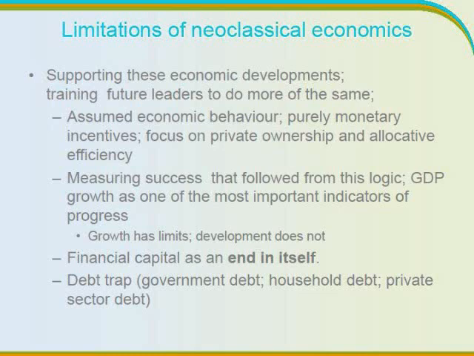We're measuring success following from this logic with the growth of national income, gross domestic product or GDP, as one of the most important indicators of progress. There's, of course, plenty of evidence that GDP growth does not mean progress, but nevertheless, this is the variable we hear about and talk about, and the media are, as you all know, all the time talking about growth and health of the economy.